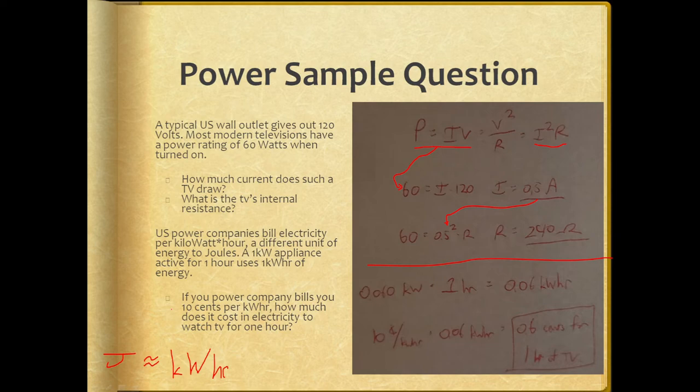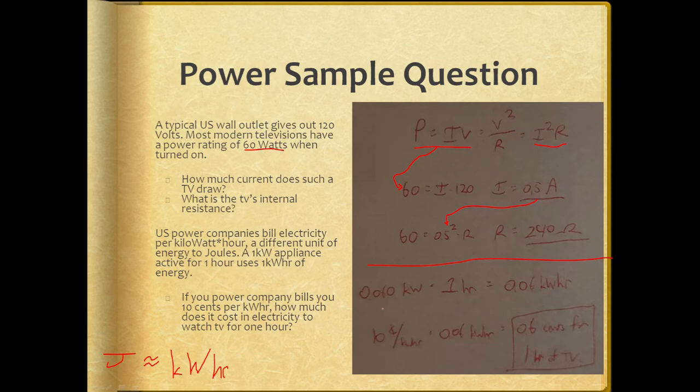Peak hours are their own separate ball of wax, but normal hours during the day, 10 cents per kilowatt hour is a pretty standard rate. How much does it cost in an electricity bill to watch 1 hour of TV with this specific 60-watt TV in question? So, 1 hour using a 60-watt TV, how much does it cost to power it?